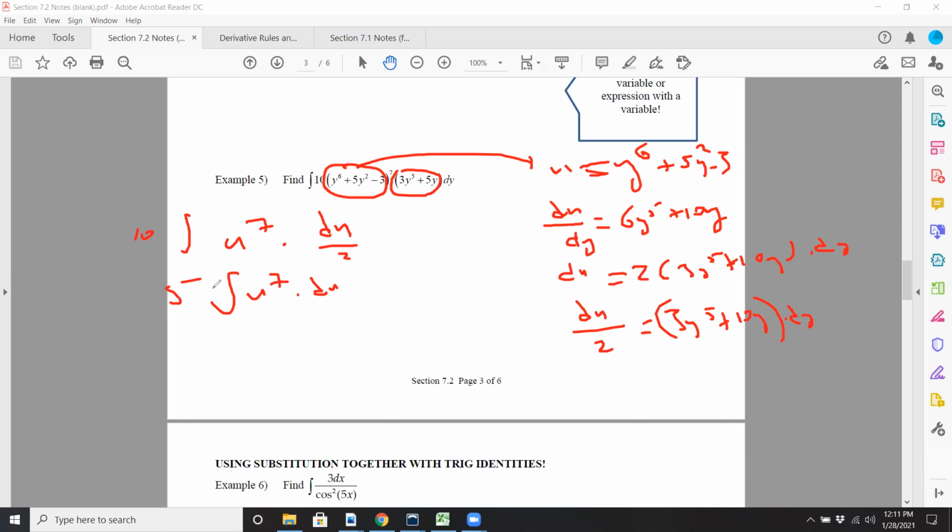Once you have that in play, then it becomes 5 times u^8 over 8 plus c. And then remember, u was y^6 plus 5y^2 minus 3. So it's 5/8 of (y^6 plus 5y^2 minus 3) raised to the 8th power plus c.